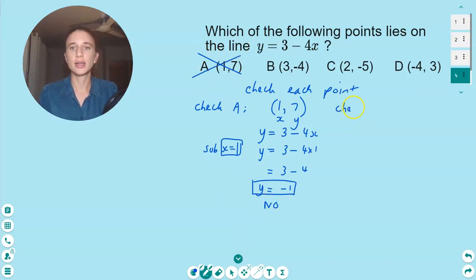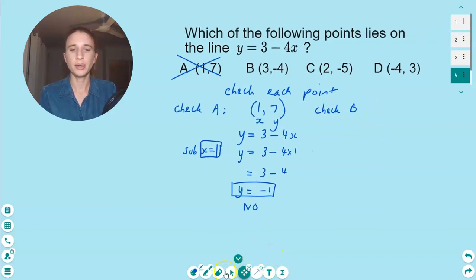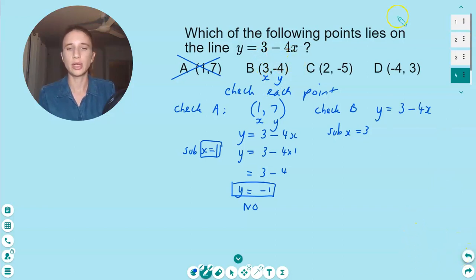Okay, let's check B. Check this point. I'm just going to label it straight away X, Y. And I'll write my equation, and I'm going to sub X equals 3 and hope to get out Y equals -4, that corresponding coordinate. So Y equals 3, take 4 times 3.